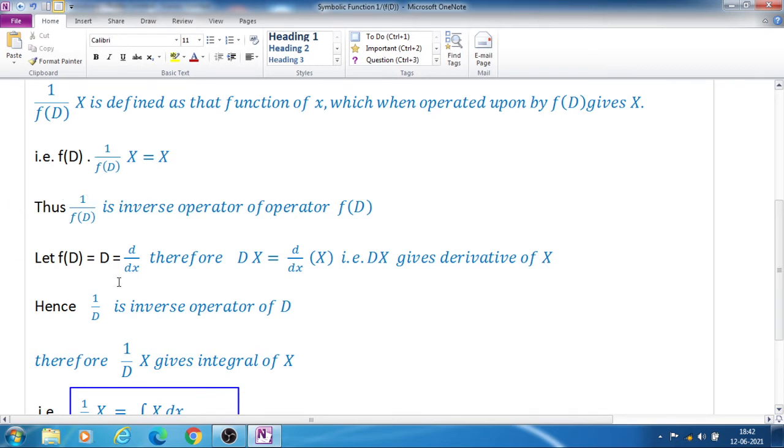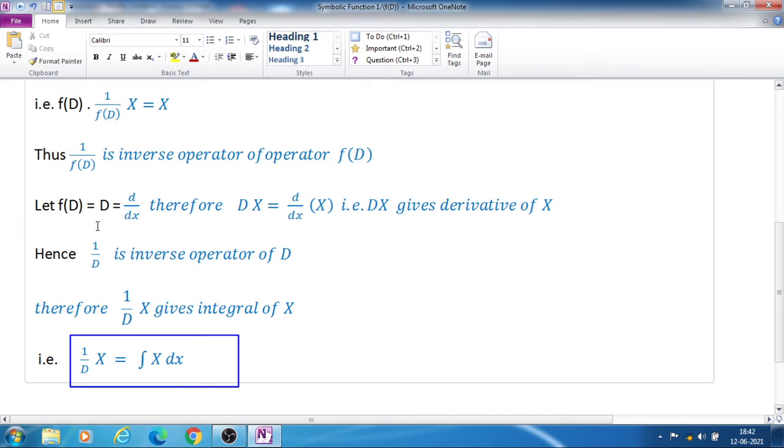For example, suppose f(D) is only D, and D is d by dx. Then when we operate D on X, we take the derivative of X with respect to x.